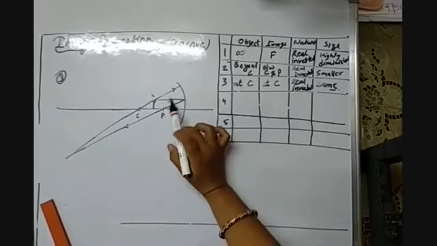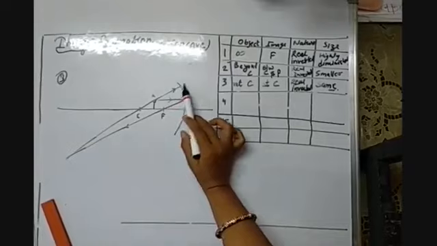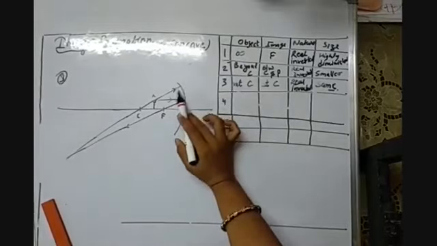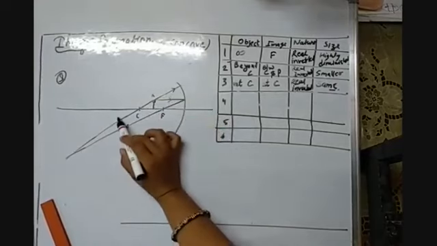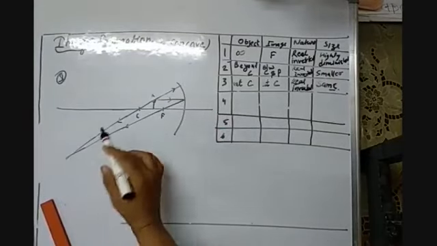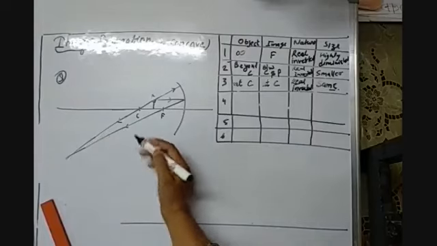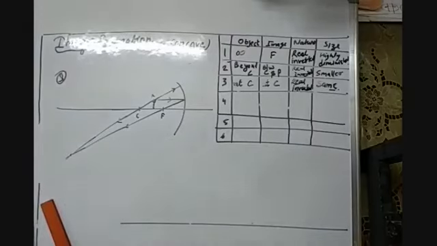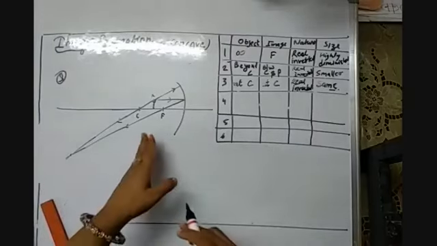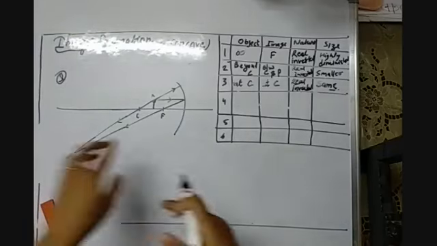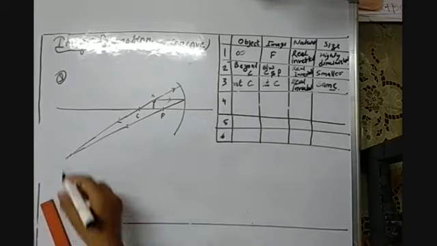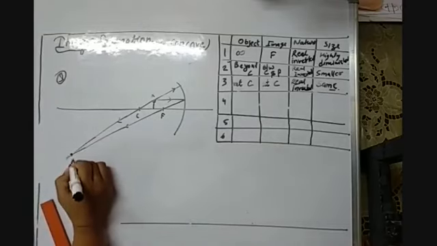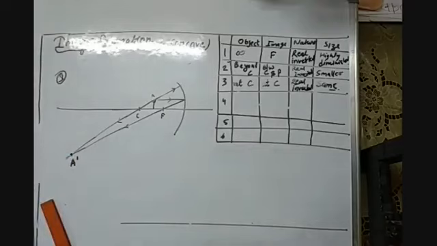The second ray comes to the spherical mirror in such a way that it passes through the center of curvature. After reflection, it will retrace its path, and these two reflected lights meet at this particular point when we keep on extending them in this direction. So here we are getting the image of A, that will be A dash.